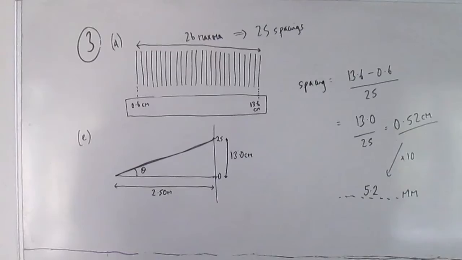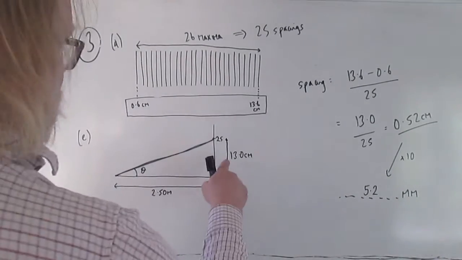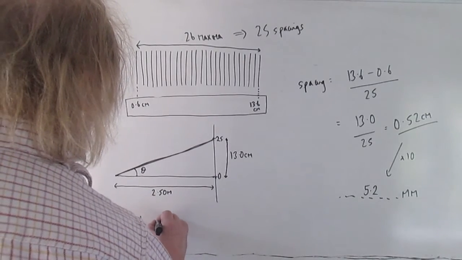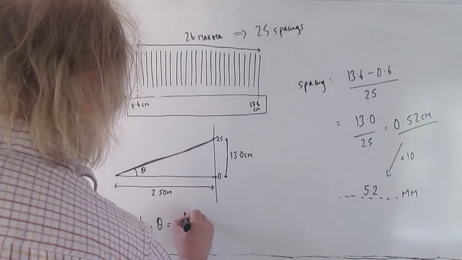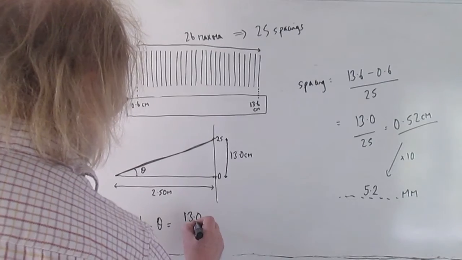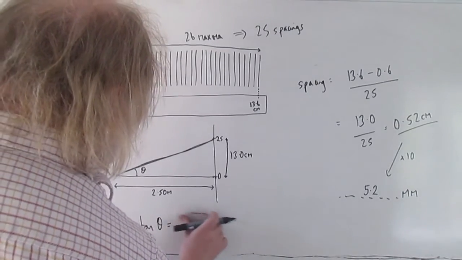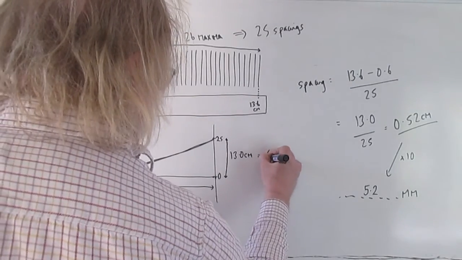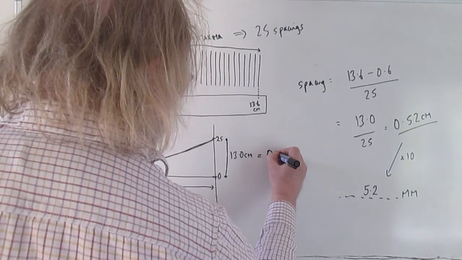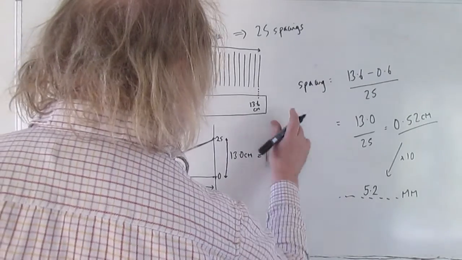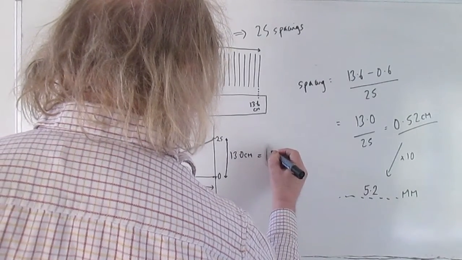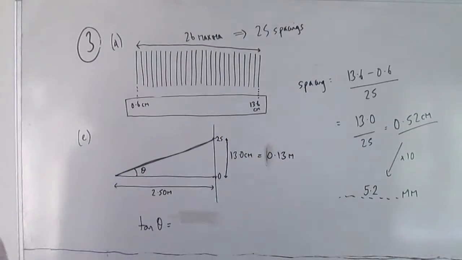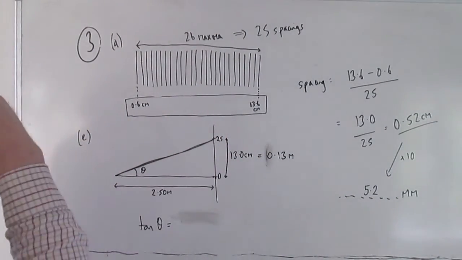So that's our setup. And so we can just say, right, this is a right angle triangle. So tan theta is equal to 13.0 centimeters, but let's put it in meters, because remember these have got to be in the same units. So 13 centimeters is 0.13 meters, because there are 100 centimeters in a meter, so you just divide by 100.